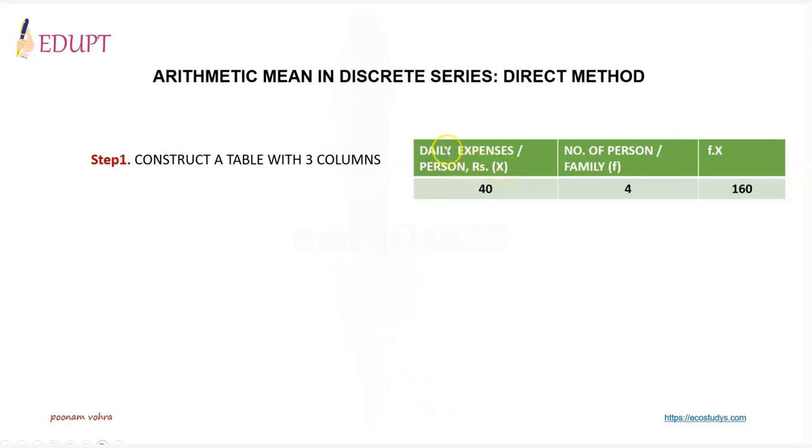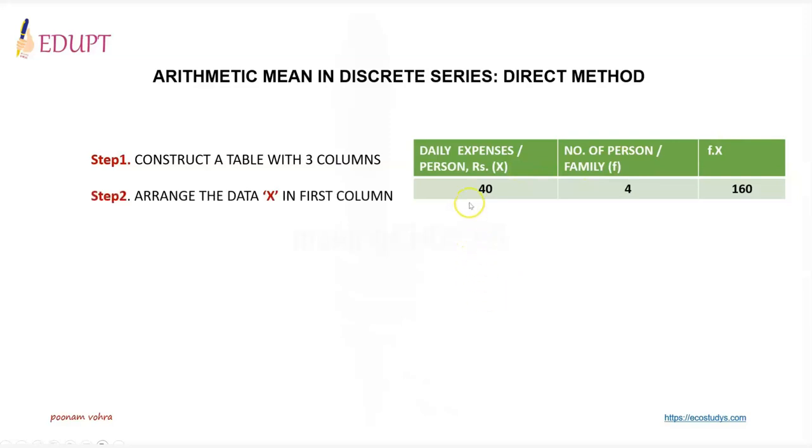Here the variable is daily expenses per person. Second column is number of persons per family, which is frequency. Third column is the multiplication of values of variable and its frequency, called Fx.